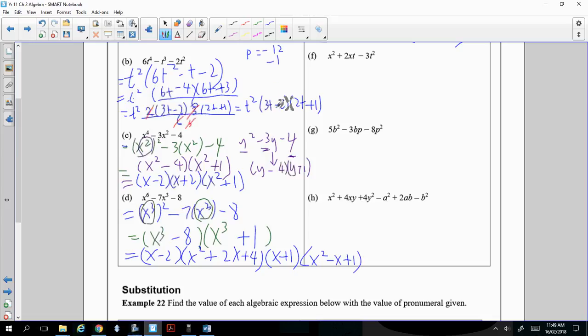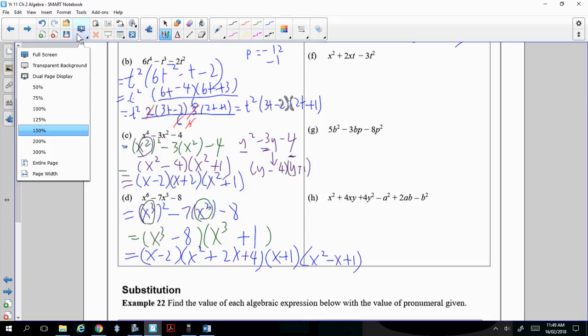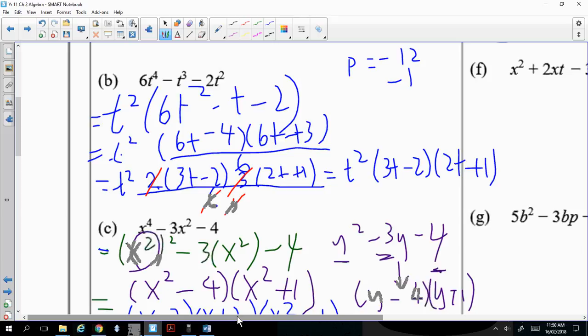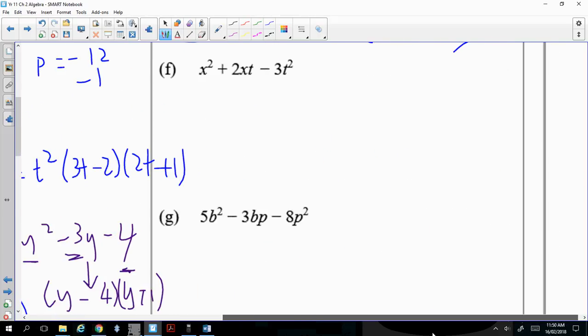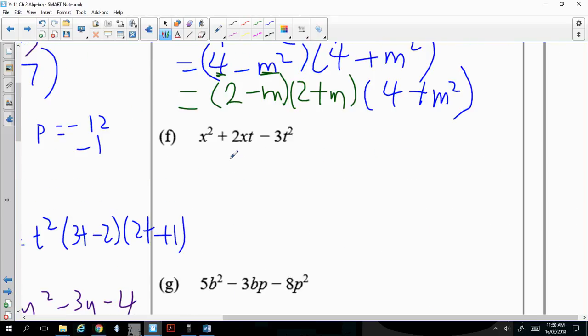Again, there's no common factor, but it is still a quadratic. Now, how do I put it to you? Maybe if you use the cross method, it will be very easy. But if not, it's a quadratic. Okay, let's do it this way.